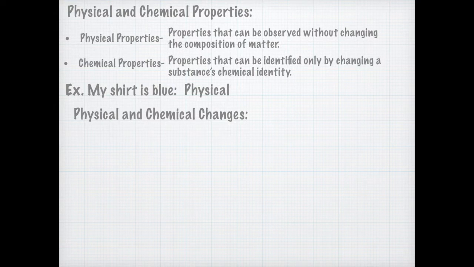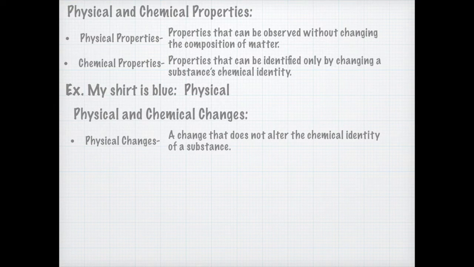Now, those are physical and chemical properties. Let's now talk about physical and chemical changes. A physical change is a change that does not alter the chemical identity of a substance. So for example, whenever you're melting something or freezing something or dissolving something, you're not changing the identity of the substance. It's still the same substance, and therefore it's a physical change.